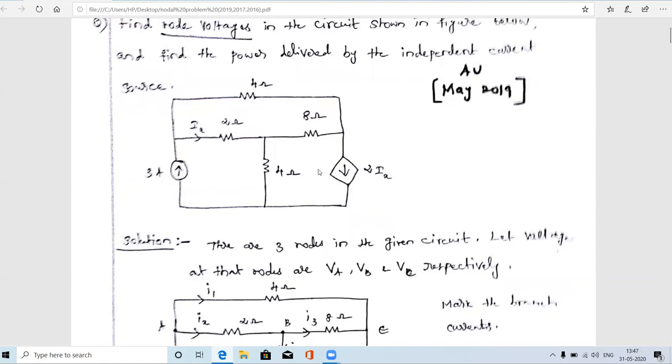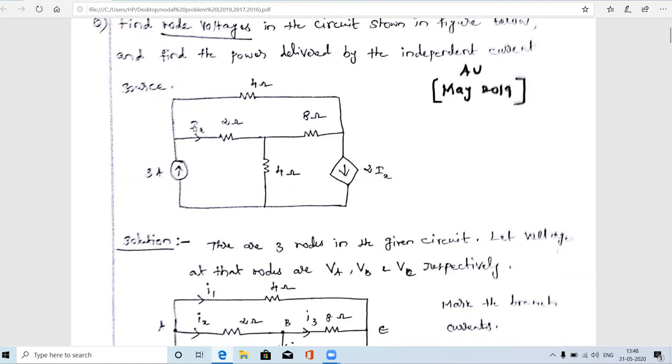And one more current source you see. That is drawn as a rectangle, and in that rectangle box we put one arrow. The value is mentioned as 2ix. So what is the current value? The current source value is 2 into ix, that is, multiplication of 2 into the current ix. Here ix is the current flowing through this 2 ohm resistor.